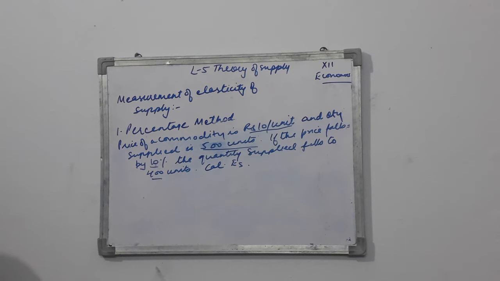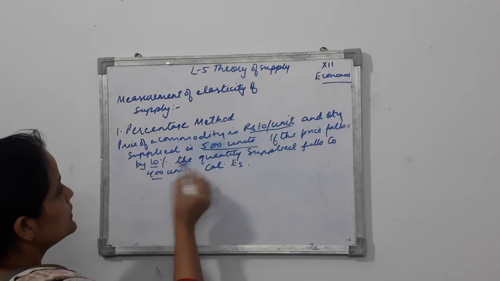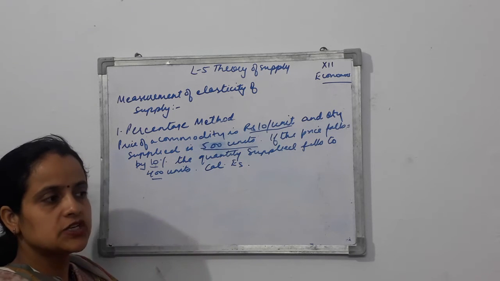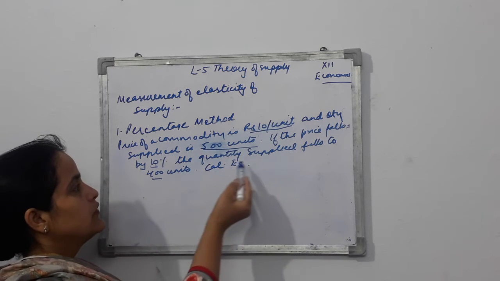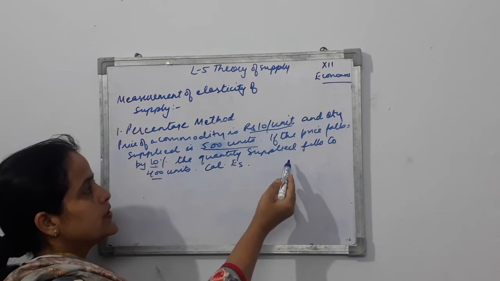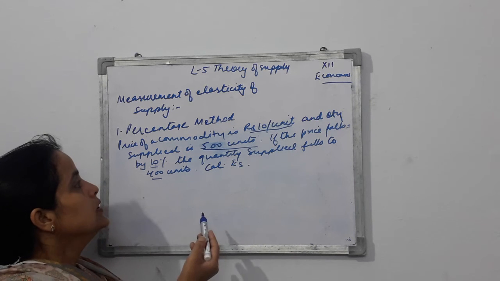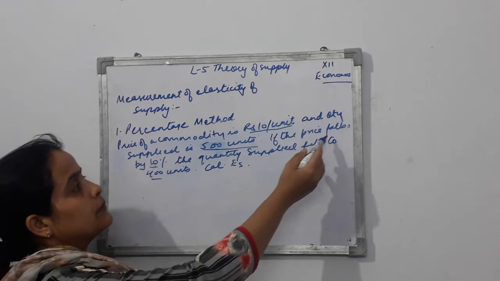So first, we are going to use the formula percentage change in quantity supplied upon percentage change in price. This is a very easy formula because we are provided with the percentage change in price, the fall in price.